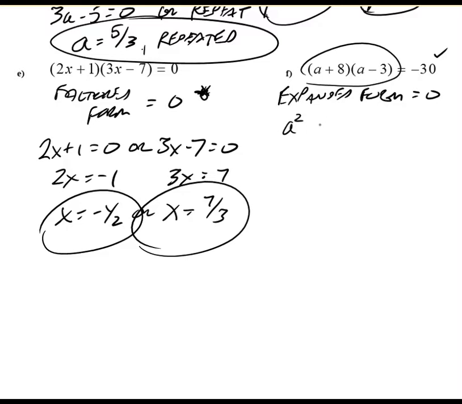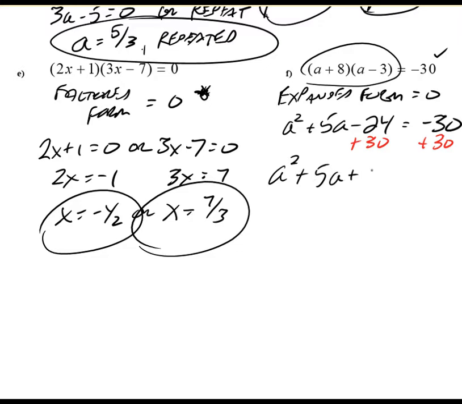Plus 8a minus 3a is plus 5a, and then minus 24, and that equals -30. Setting equal to 0, we'll add 30 to both sides, and we would have on the left side a squared plus 5a plus 6, so -24 and 30 is 6, so that's equal to 0.